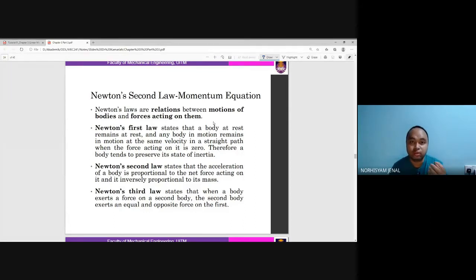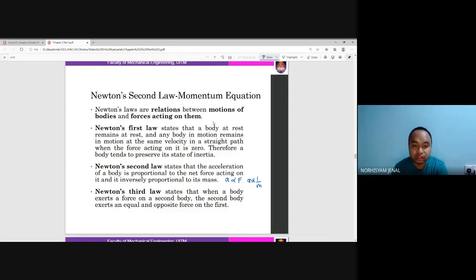Once we add a force, the acceleration of the body is proportional to the net force acting on it, and inversely proportional to its mass. What does this mean? The bigger the force acting on the body, the faster the acceleration. The higher the mass of a body, the slower the acceleration. That's the idea of it.